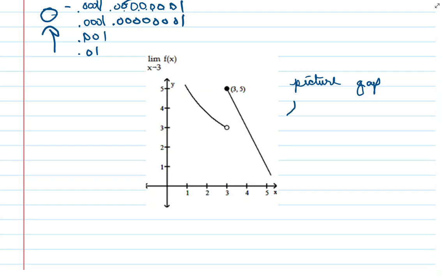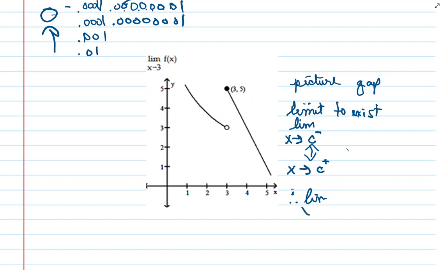For a limit to exist, it must approach a value from the left and approach a value from the right, and these two must be identical in approach, and therefore the limit as x approaches c exists. Okay, so let's look at that.